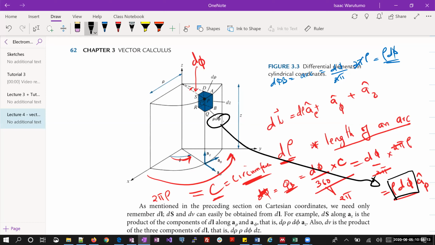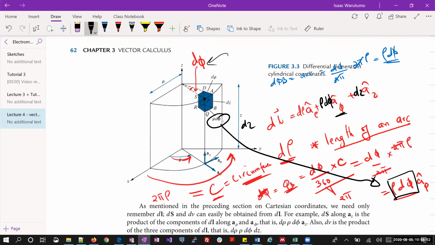We started with the length of the arc, and we know how to find the circumference of the circle, and then the arc is substituted by angle phi, and therefore the length of that arc is going to be given by rho d phi. That is the elemental length in the direction of A phi. And of course, the other one is simply dz. You don't even have to think.